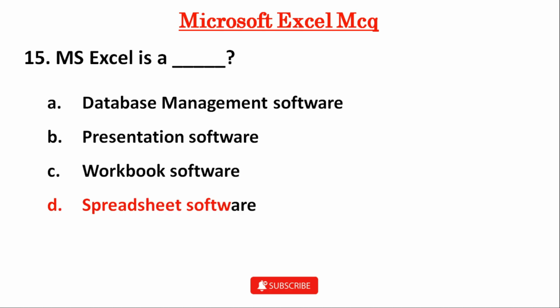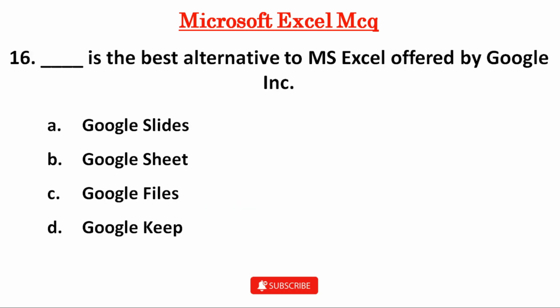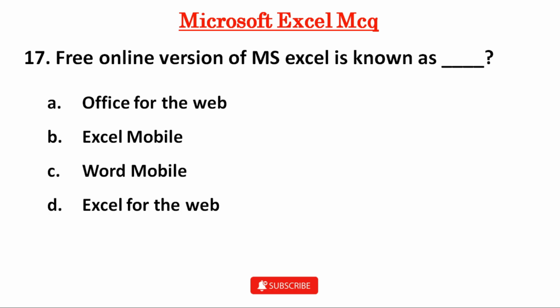Right answer is spreadsheet software. Next, dash is the best alternative to MS Excel offered by Google. Right answer is Google Sheets. Next, the free online version of MS Excel is known as dash. Right answer is Excel for the web.